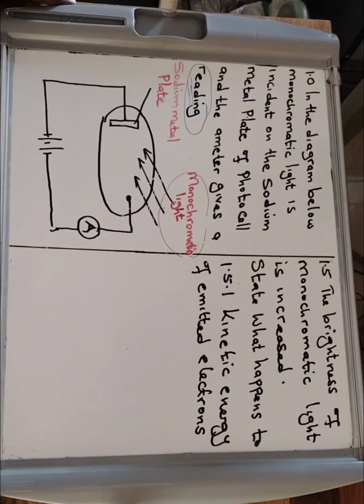Then comes this question. It says the brightness of monochromatic light is increased. State what happens to the kinetic energy of emitted electrons. To answer this question, there's something you have to know.